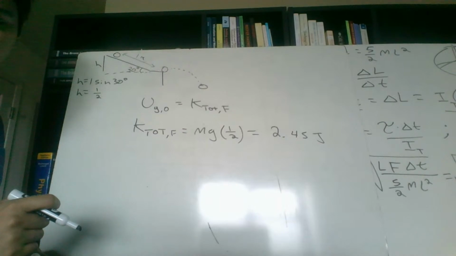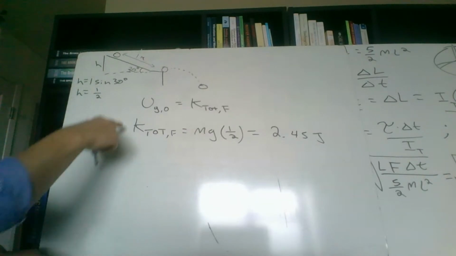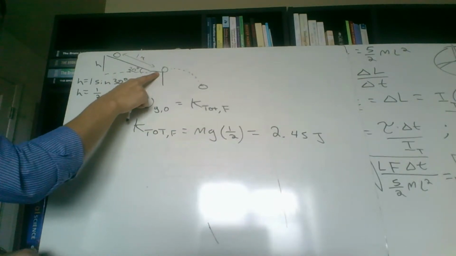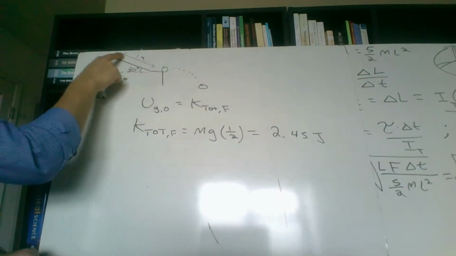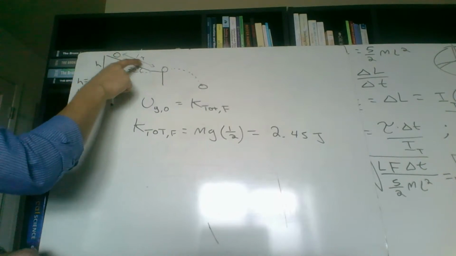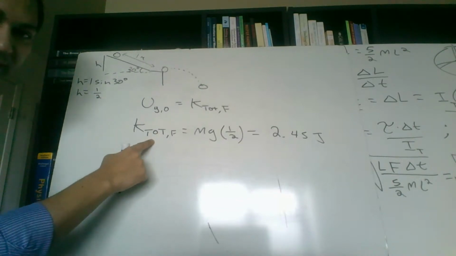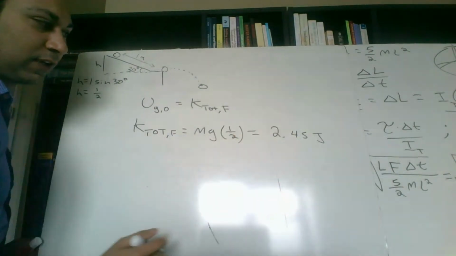Okay, so for part B, they want to know what the final spin is right here. So how fast is this sphere spinning when it goes from here, when it wasn't spinning, to down here? And so we can use conservation of energy again, just like before. We know what this is now. It's 2.45 joules.